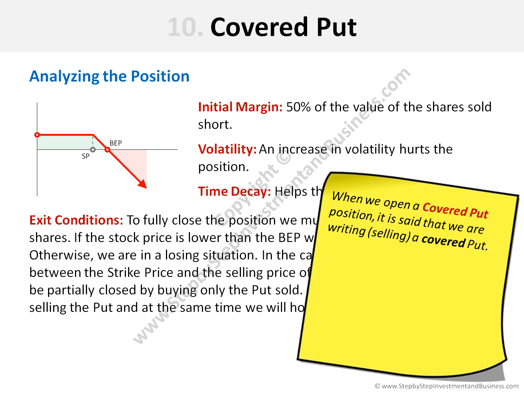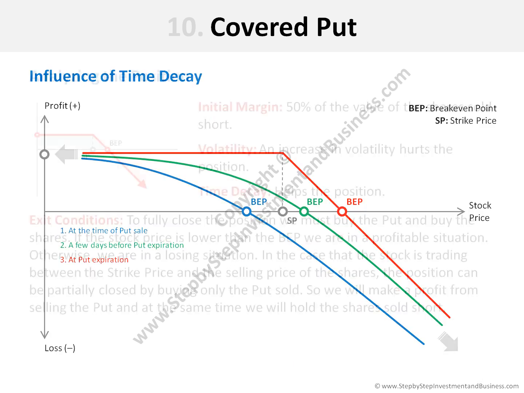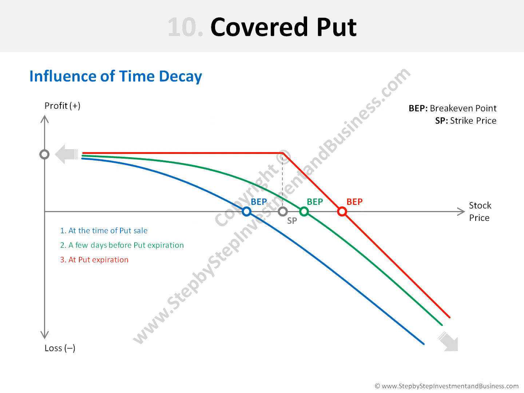When we open a covered put position, it is said that we are writing or selling a covered put. In this graph, we can see the influence of time decay on the position. On the vertical axis, profit and losses of the position are indicated, and on the horizontal axis, the stock price is indicated.